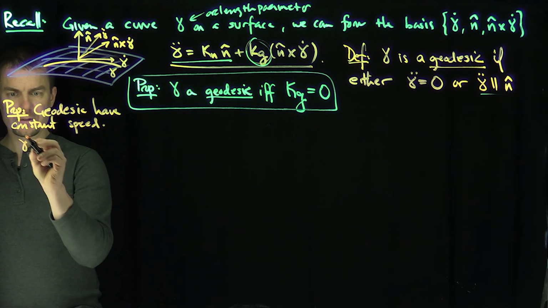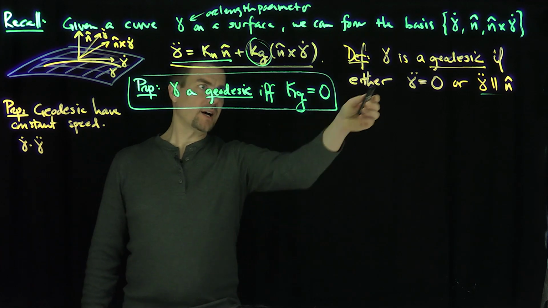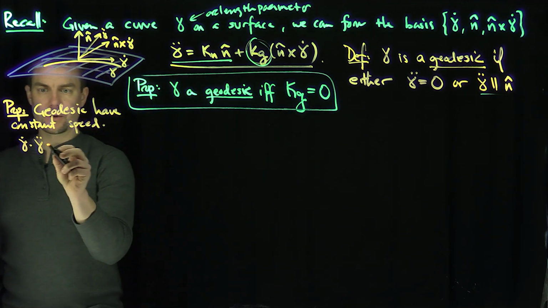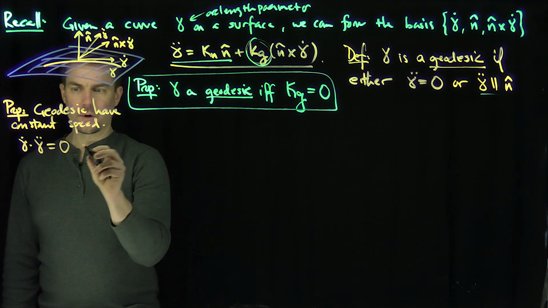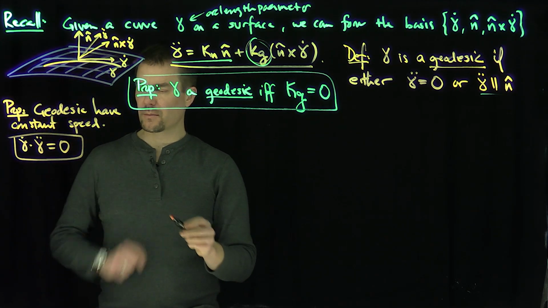We know that gamma double dot is in the direction of the normal vector, so gamma dot dot gamma double dot is equal to 0. That's the fundamental idea, because this is a tangent vector and that's a normal vector.